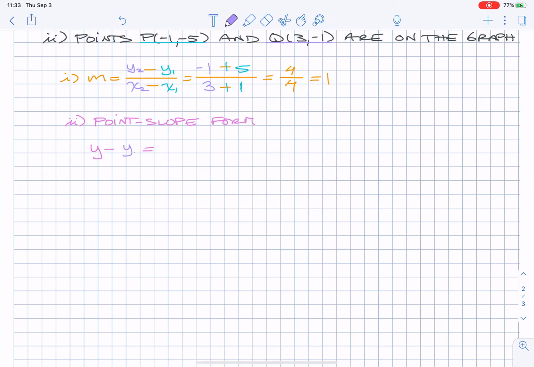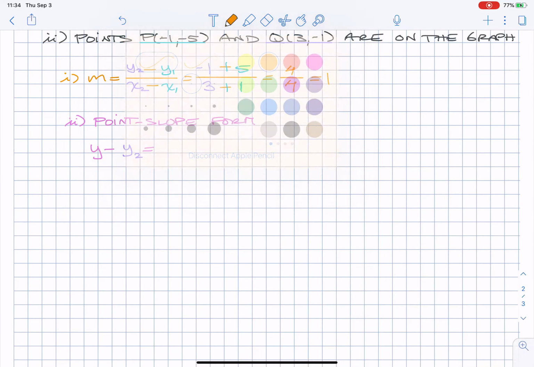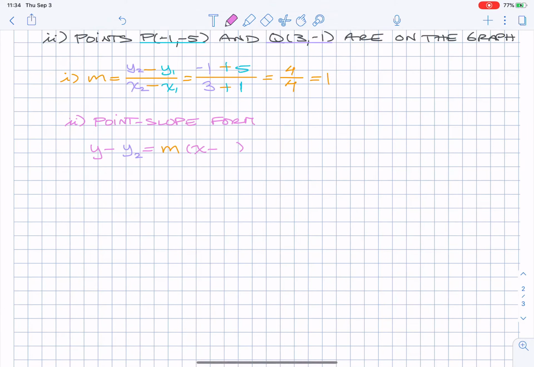Let's call this y sub 2, will be m times the quantity x minus x sub 2, because we can choose our points.